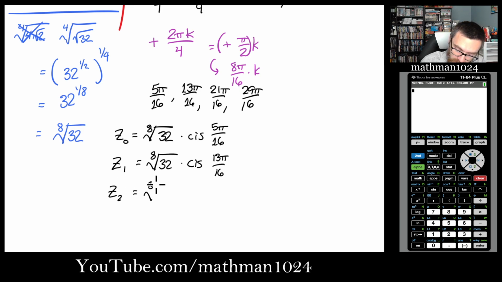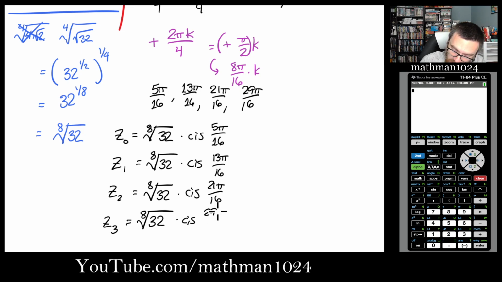Your next root, the 8th root of 32 times CIS of 21 pi over 16. And your final root, still the 8th root of 32, CIS 29 pi over 16. And these are the 4 complex 4th roots of -4 minus 4i.